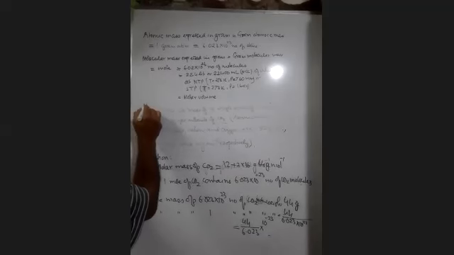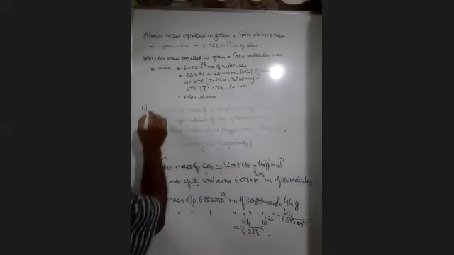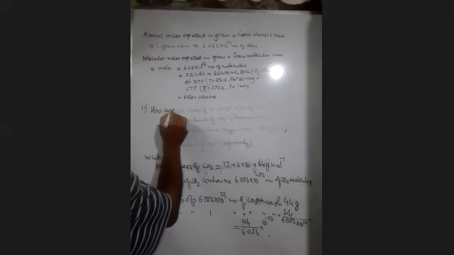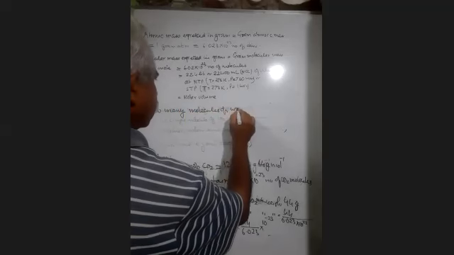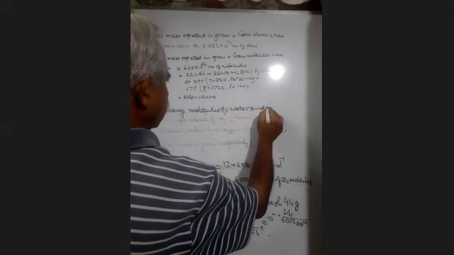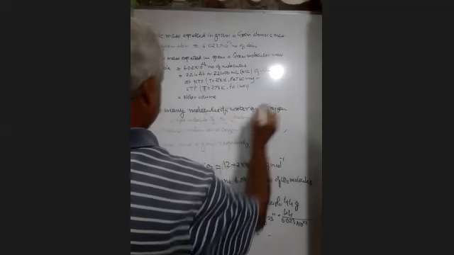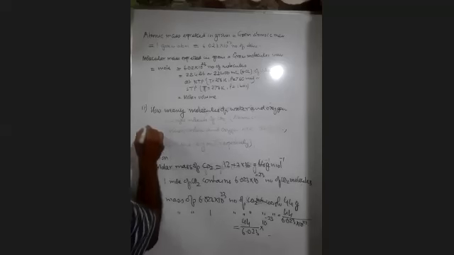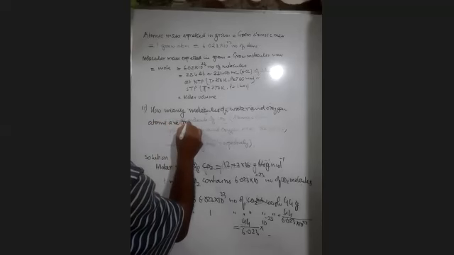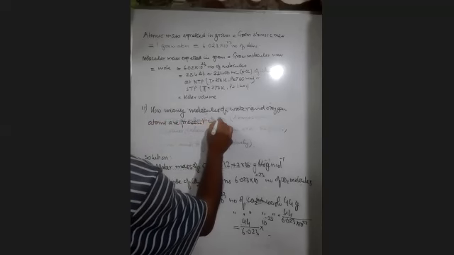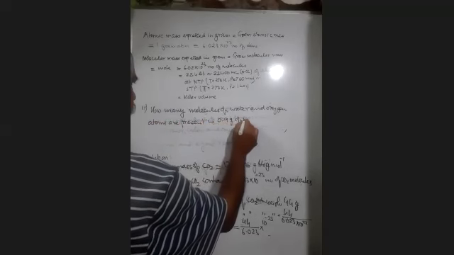Then second. How many molecules of water and oxygen atoms are present in 0.9 gram of water?